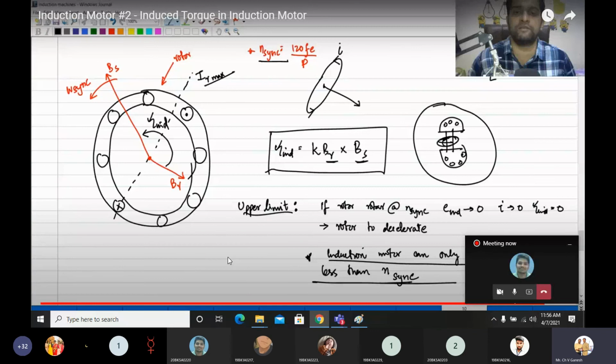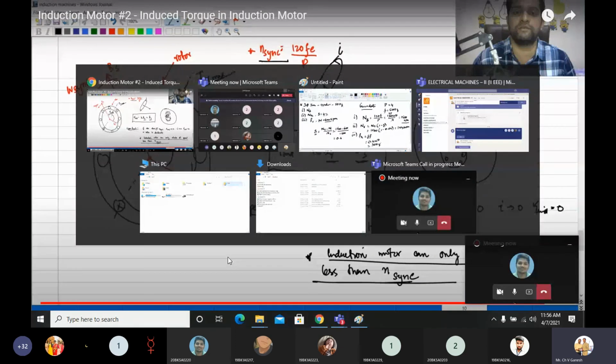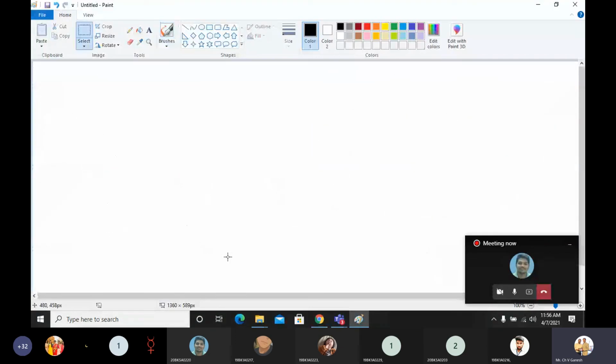If you have any doubt till now, first you have to know the construction of the induction motor. The induction motor has two main parts, stator and rotor. In the stator, if the supply is two-phase, how the rotating magnetic field will be induced, that we already discussed.